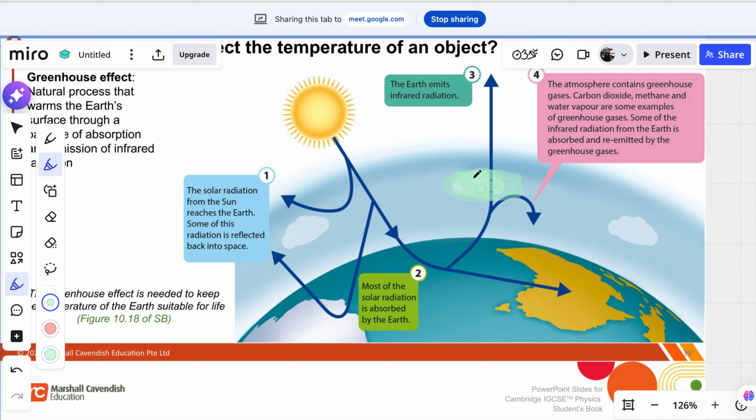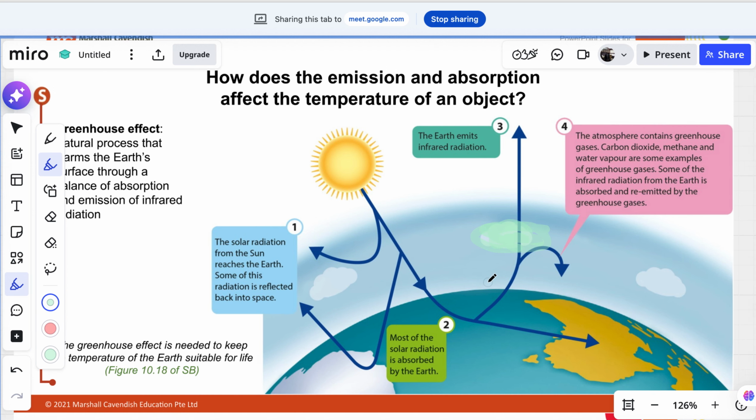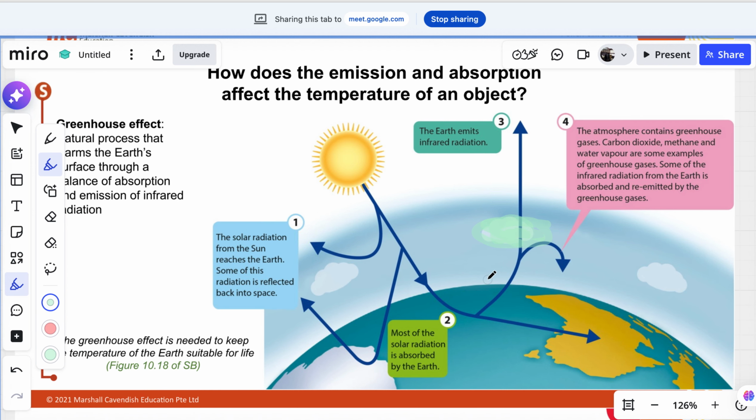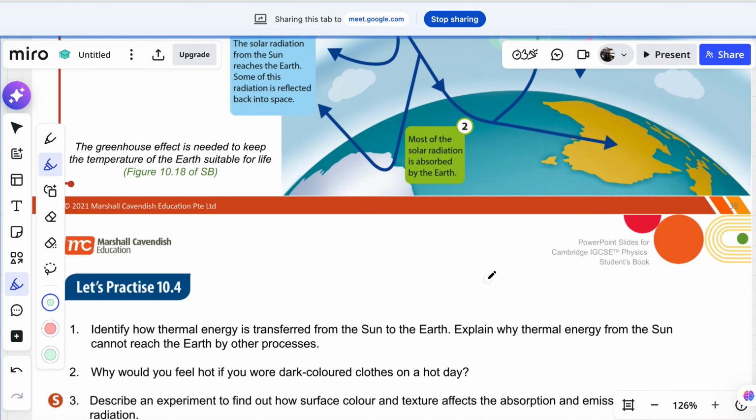Then some gases in the atmosphere trap the radiation that is supposed to go back into the atmosphere and redirect it back to the Earth, warming the Earth much faster than it ought to be. So this effect is causing global warming, due to greenhouse gases that we are releasing into the atmosphere.